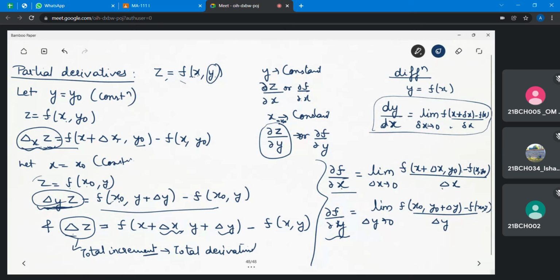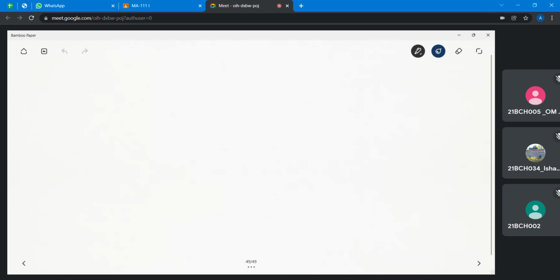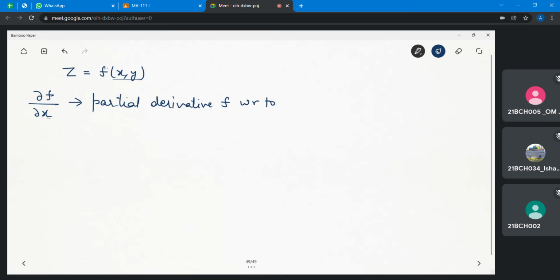So in summary, if I repeat what I said is, if z is equals to f(x, y) is a function of two variables, then we can calculate the derivative of this function f with respect to x. So when we are writing del f over del x, means this is representing the partial derivative of f with respect to x, keeping y as a constant. तभी ये partial derivative, ठीक है?